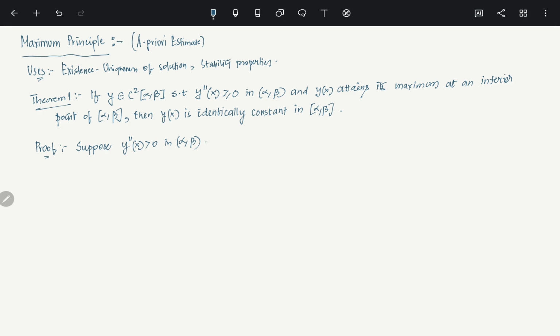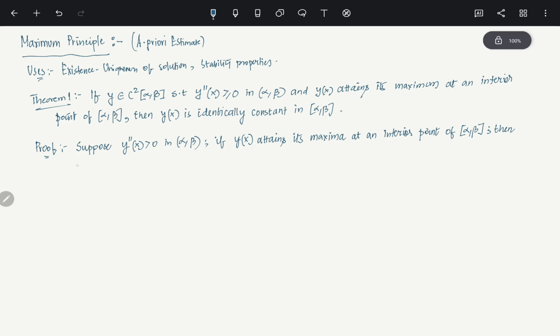Now, let's say y(x) attains its maxima at an interior point of (alpha, beta).